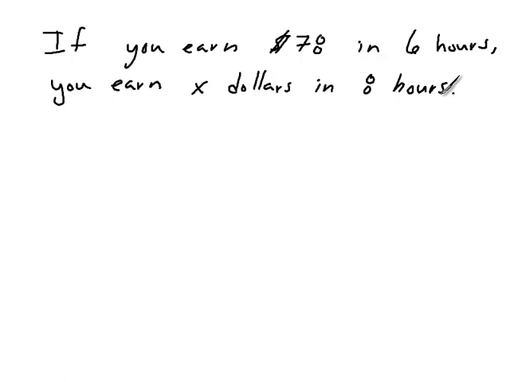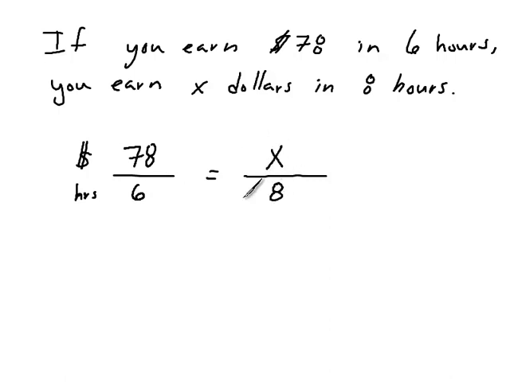So here, when we set up our proportions, we want to make sure that we're using the right units. You don't have to do this every time, but I'm going to put money on top and hours on the bottom, and I'll write that just to remind myself. So $78 in 6 hours has to be X dollars in 8 hours. Okay? And then you just cross multiply.